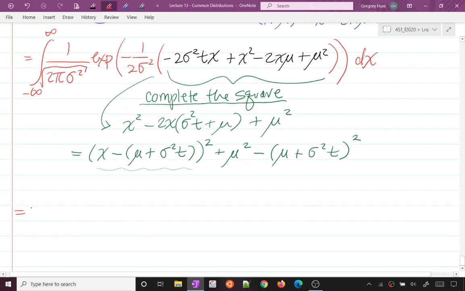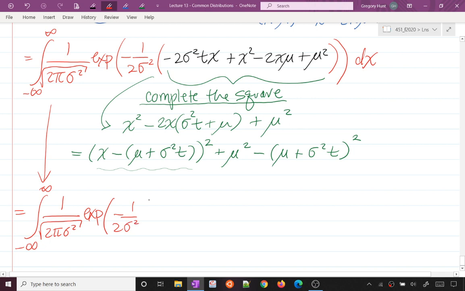That allows me to again rewrite this integral. It's negative 1 over 2 sigma squared, right? And I'm going to have some big brackets here.